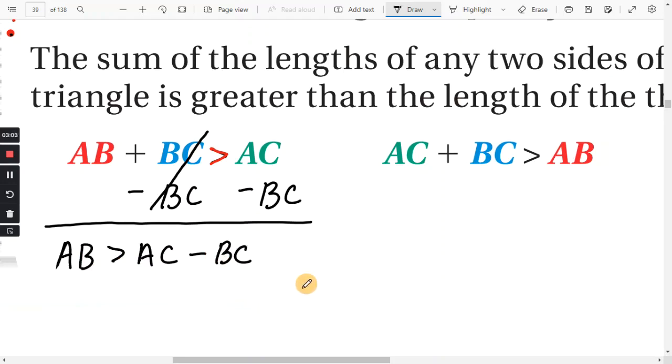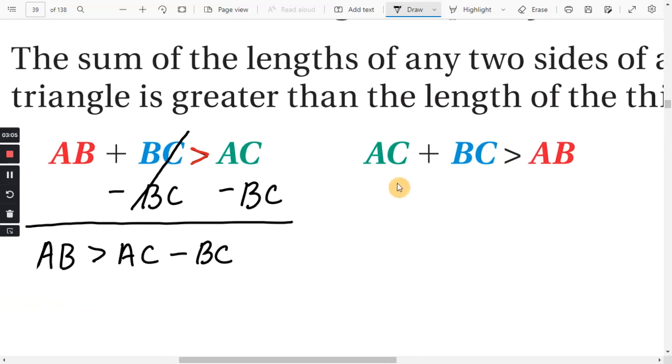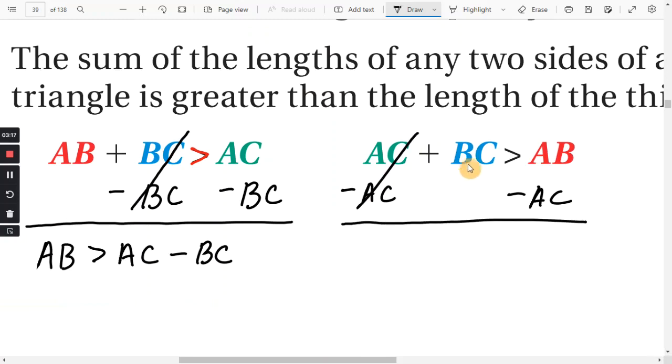Okay? And then over here, if I subtract AC from both sides, it cancels here. Bring down BC. And I have BC is greater than AB minus AC.